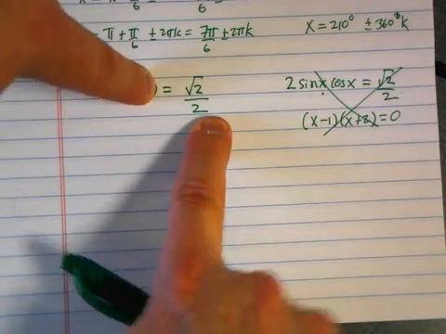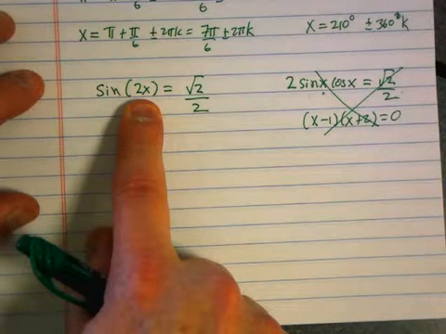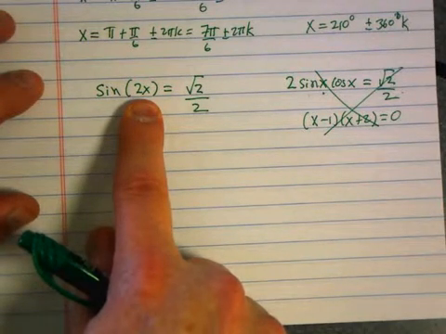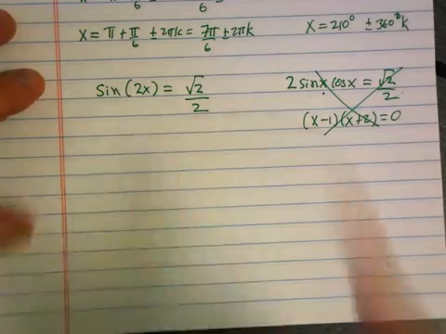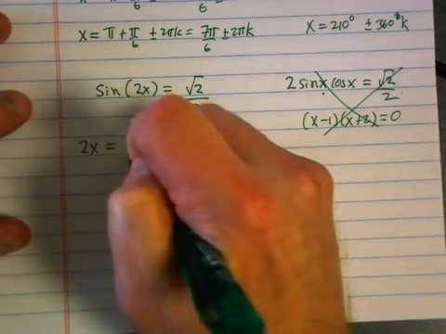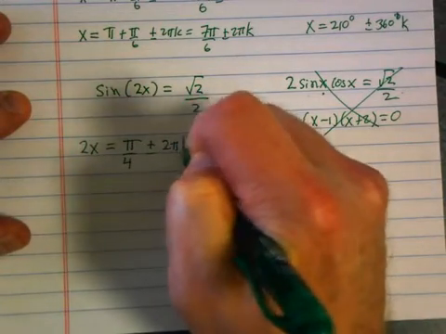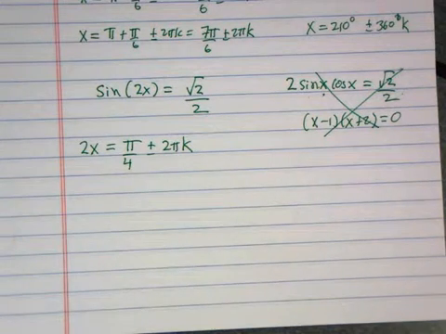Pi over 4. So instead of just having x equals pi over 4, I have to have 2x equals pi over 4. So one answer is going to be 2x equals pi over 4 plus or minus 2 pi k. So that's the answer in quadrant 1.